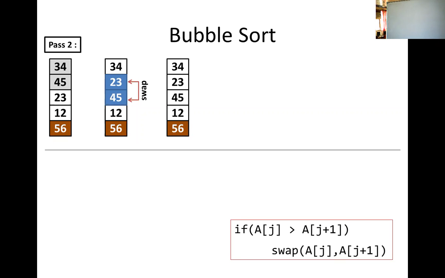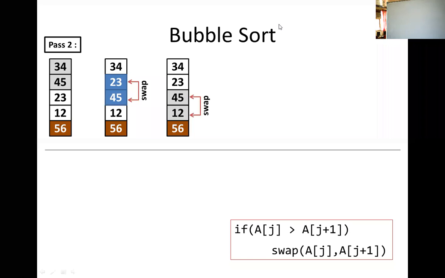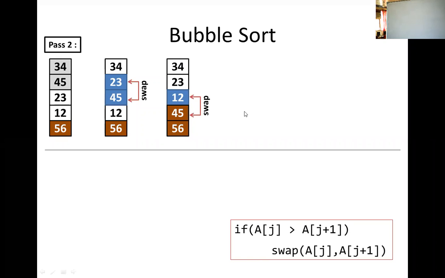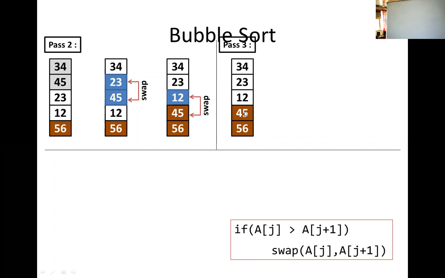Now 34, 23, 45 and 12. So 45 is greater than 12, so 12 is again swapped with 45. So next, 12 is less than 56, so there is no need to swap. So this completes; 45 is less than 56, so there is no need for swapping.